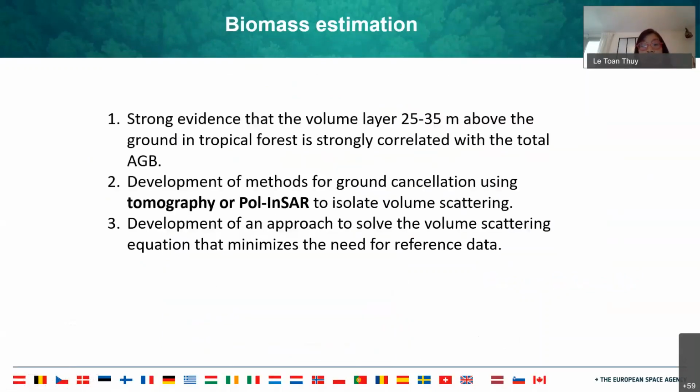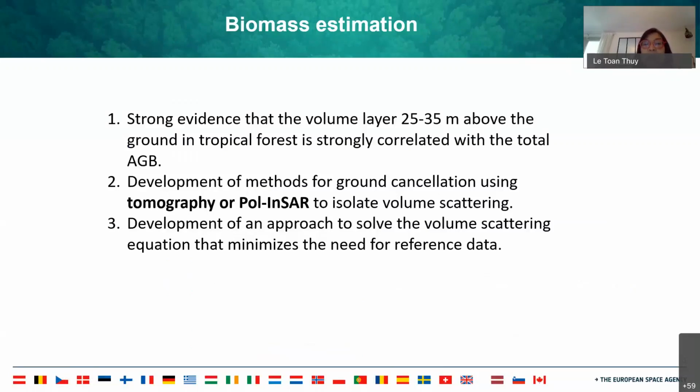Okay, and so for the biomass estimation with the BIOMASS mission, we have strong evidence that the volume layer 25-35 meters above the ground in tropical forest is strongly correlated with the total AGB.